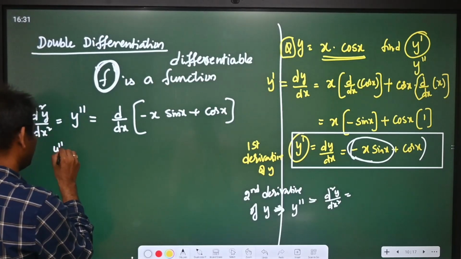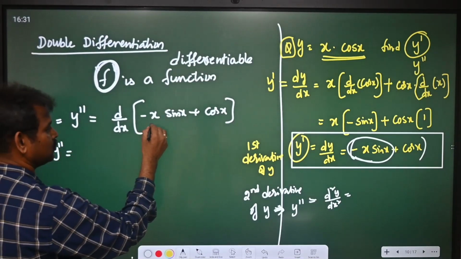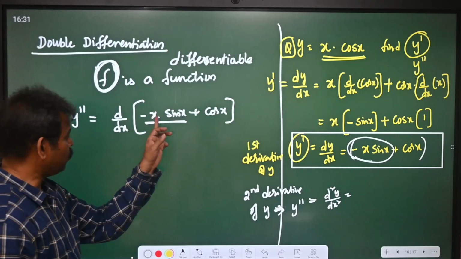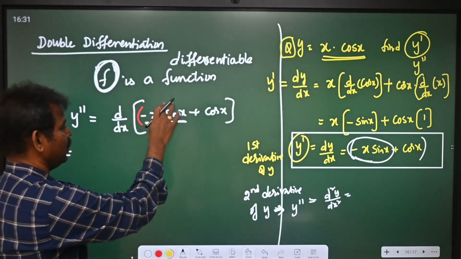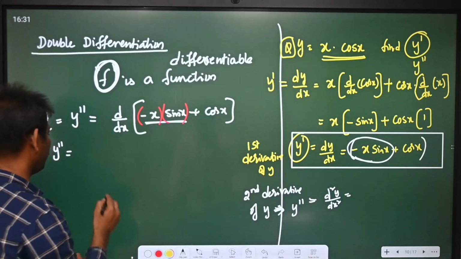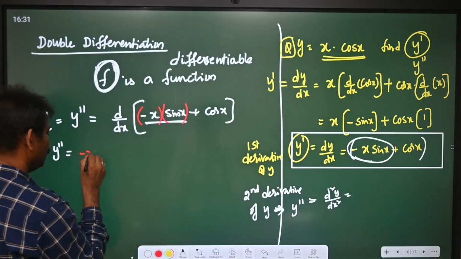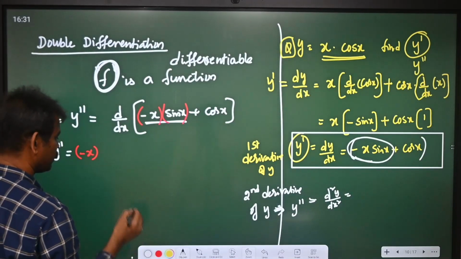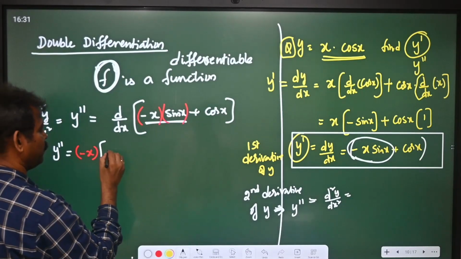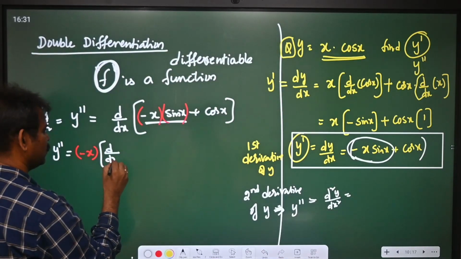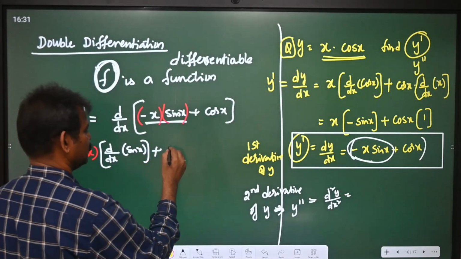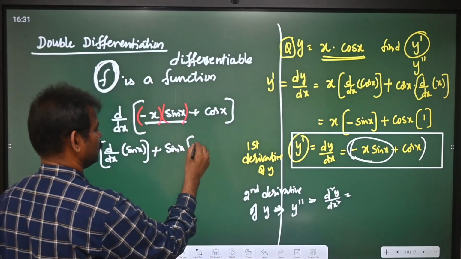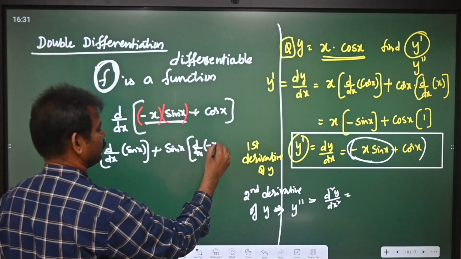Now y double prime is equal, this is the uv formula because u into v. So here you can see this is u and this is v. So u into the derivative of v, sin x, plus sin x into the derivative of minus x.